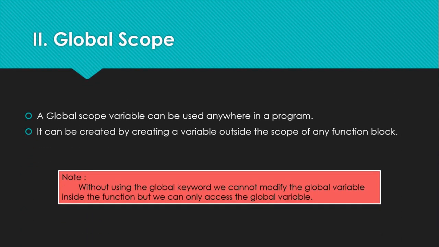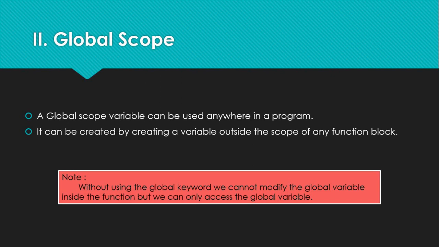About global scope variables. Now, global scope variables are those variables which are declared anywhere outside the function subprogram, and they have a wider scope. They can be globally accessed. They can be used anywhere in the program. From any part of the program, you can access them. They have no restriction at all because they are declared outside the function and they don't belong to any particular function.